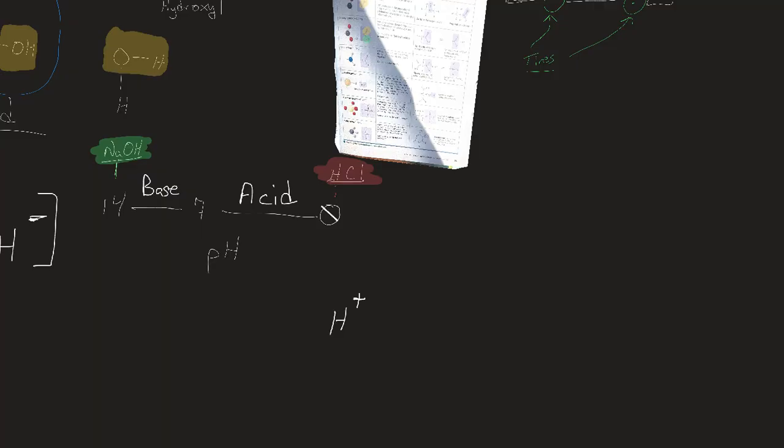There are some exceptions. If we look at some exceptions, the most acidic stuff is this fluoroantimonic acid, HSbF6. It's a super acid.